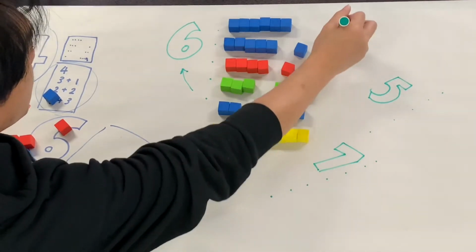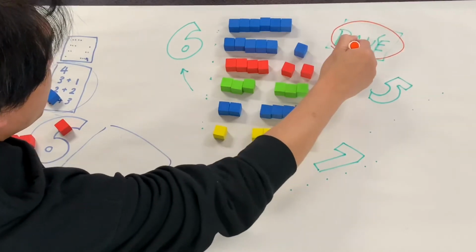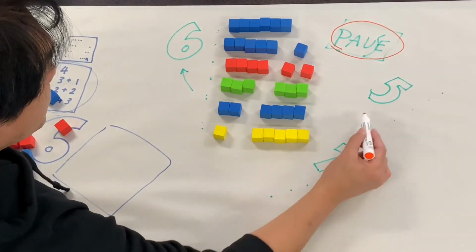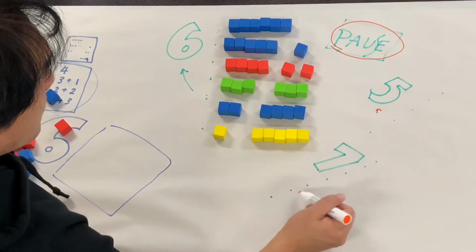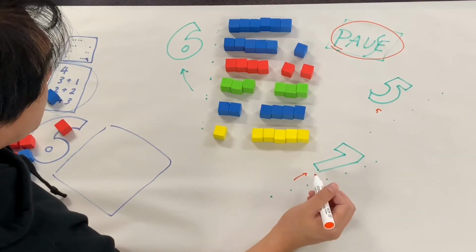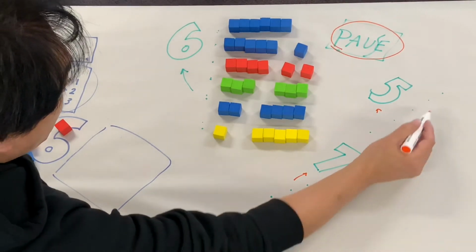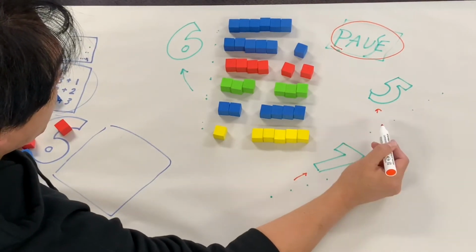What's your thinking? Well, let's pause the video. Do you think there are 5 different patterns for 5? 7 different patterns for 7? If you agree, why does it work? Why do you think there are 5 patterns for number 5? Let's pause the video.